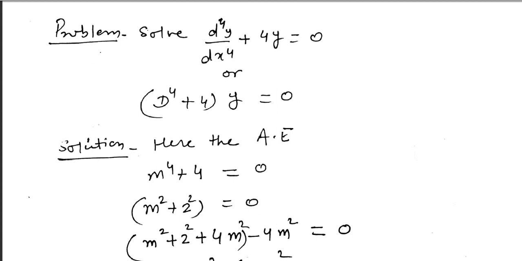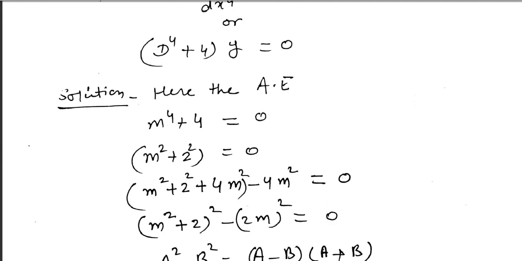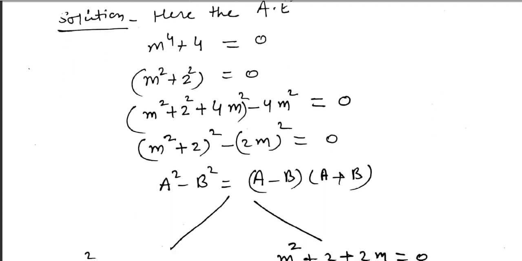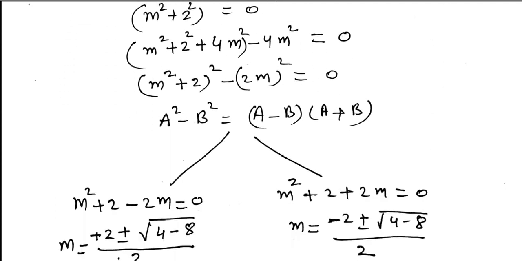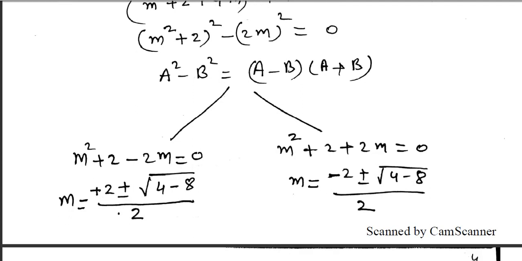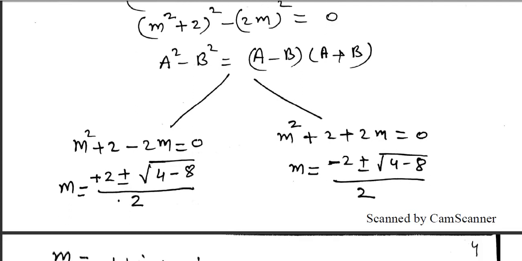Now it is balanced here. This is equal to m square plus 2 whole square minus 4m square. So this is equal to m square plus 2 whole square minus 2m whole square. Now look here, a square minus b square is equal to a minus b into a plus b.